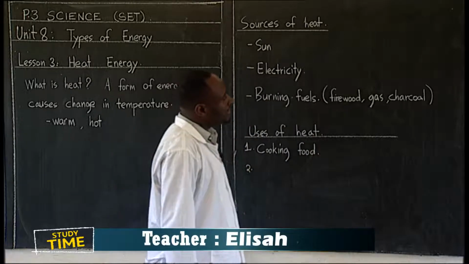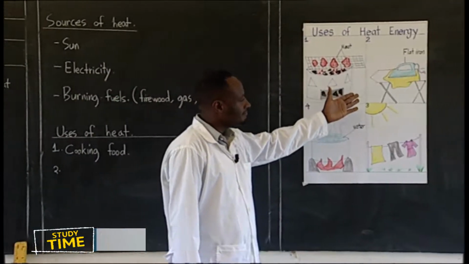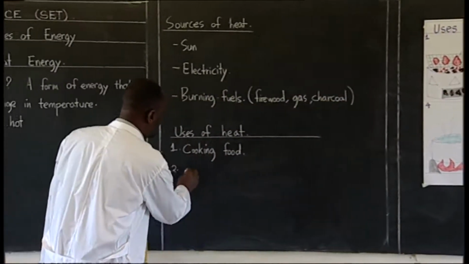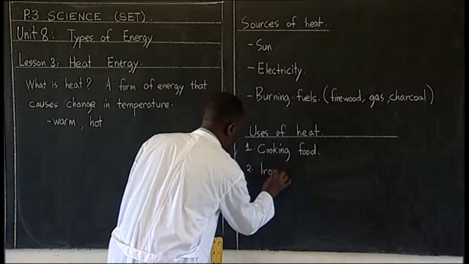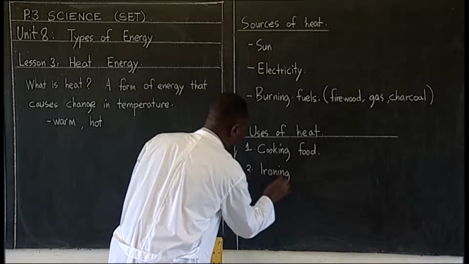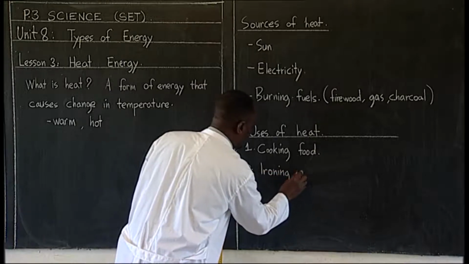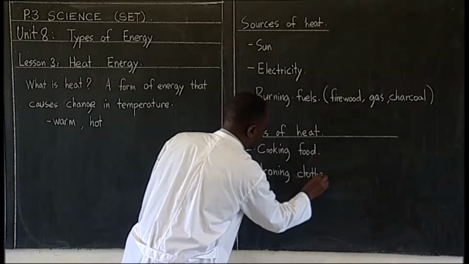Number 2, from picture number 2, we see a flat iron. So that means that we use heat also to iron clothes. Ironing, that's the spelling, ironing clothes, we can say iron clothes.